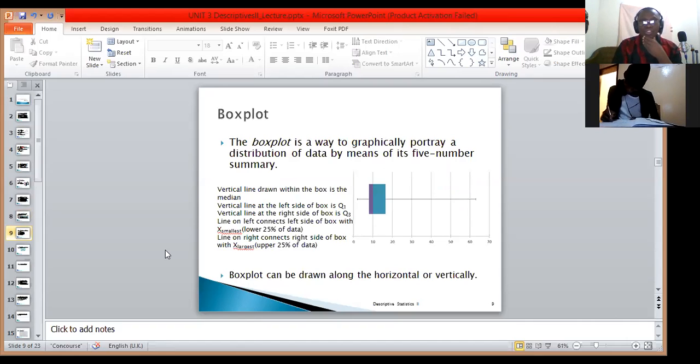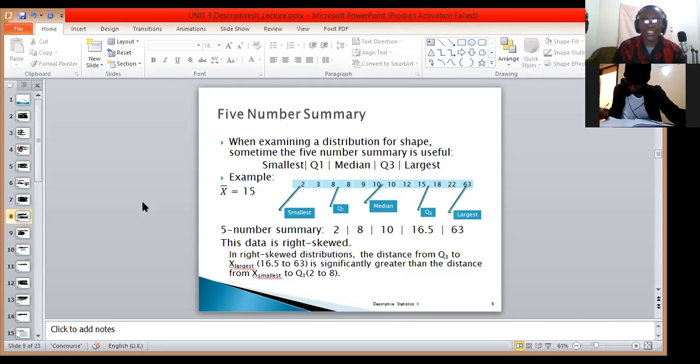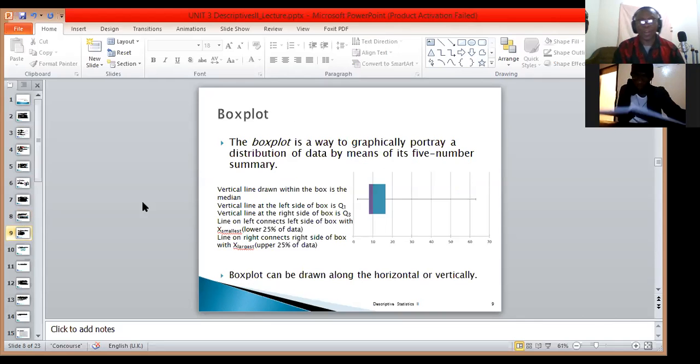This is what is called a box plot. When you look at the box plot, we usually use the same information that we used in calculating the lower and the upper quartile.